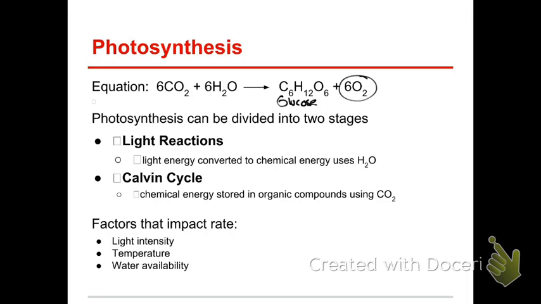One of the big things you guys are going to have to do in this section is be able to trace where the molecules are going, or where the elements are going, and where they came from. For example, the carbon dioxide that contains the carbon, well, those carbons start over here and end up here.